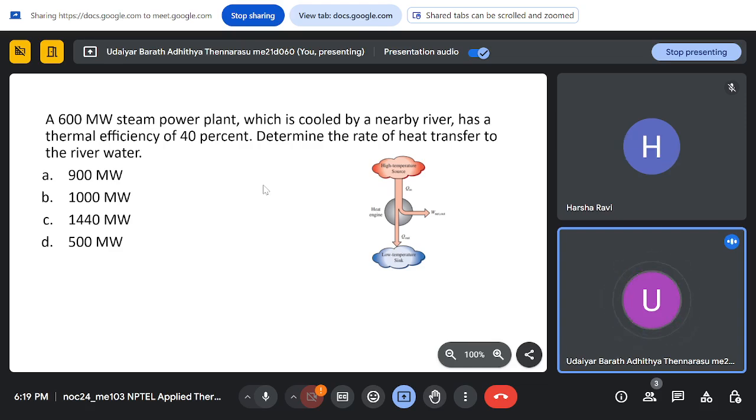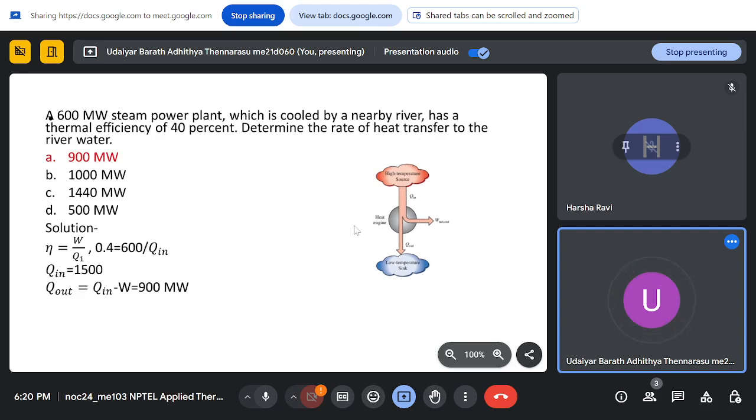So moving on, a 600 megawatt steam power plant, which is cooled by a nearby river, has a thermal efficiency of 40%. Determine the rate of heat transfer to the river water. So you have a 600 megawatt steam power plant. That's the amount of work which you are getting from the steam power plant.